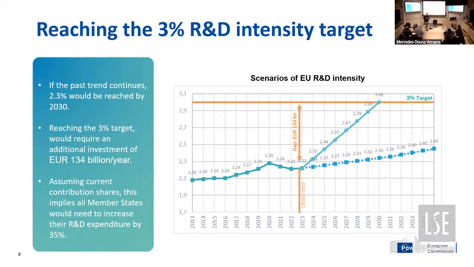And just to give you a figure, in order to be able to bridge that gap and reach the 3%, Europe would need to invest 134 billion per year. This is really quite a significant investment. Think of the European Framework Program, which is the largest public R&D investment in the world, that has 95 billion euro for 7 years. So this means that you would need to multiply that by 10.